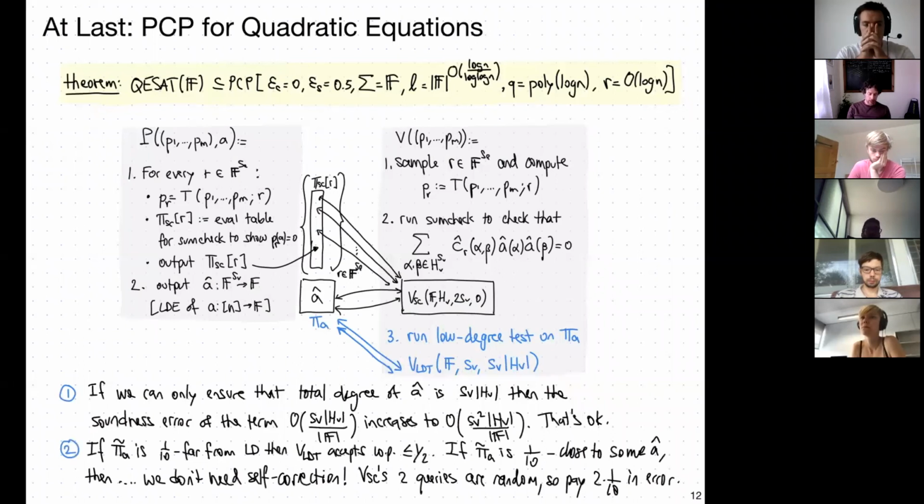The more important point is what happens if the low degree extension is far from low degree: then we'll reject with high probability.